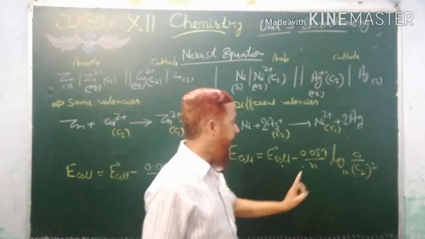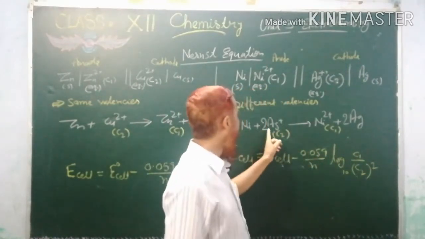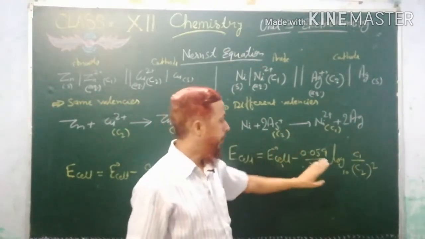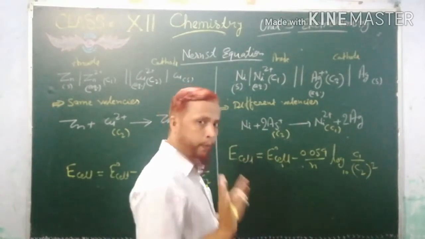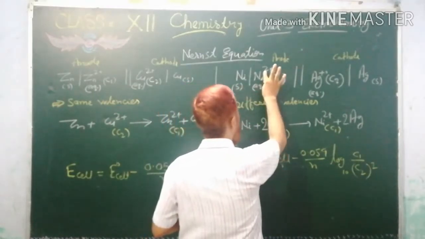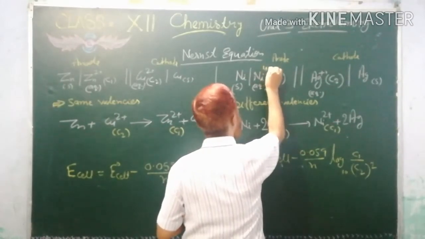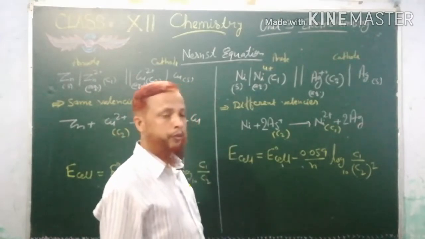So don't forget to write the numerical value of the ions, meaning the number which is multiplied with the ion in the balanced equation. So here it will be 2 plus. Suppose for a moment it is written 4 plus and this is only Ag plus. Okay.